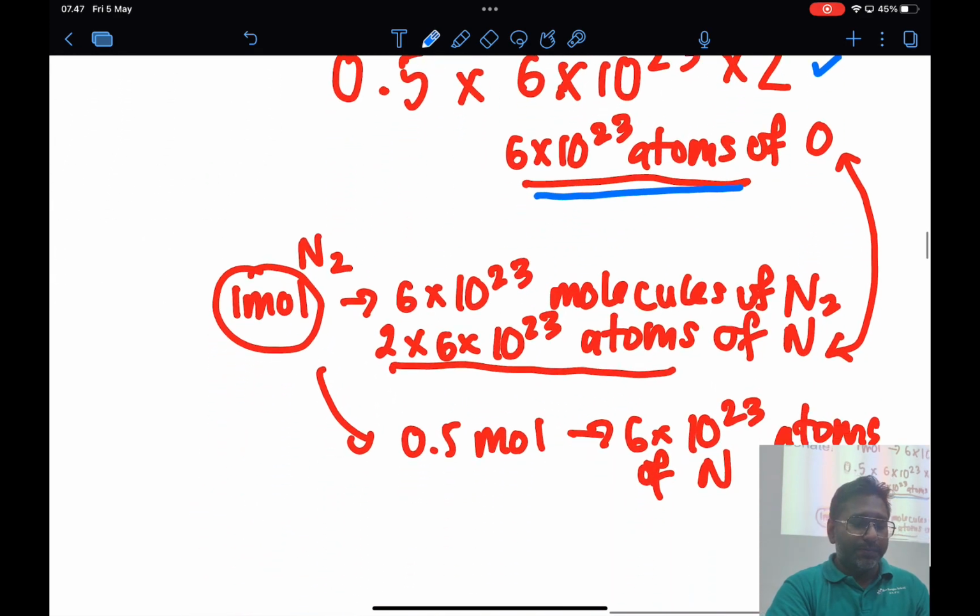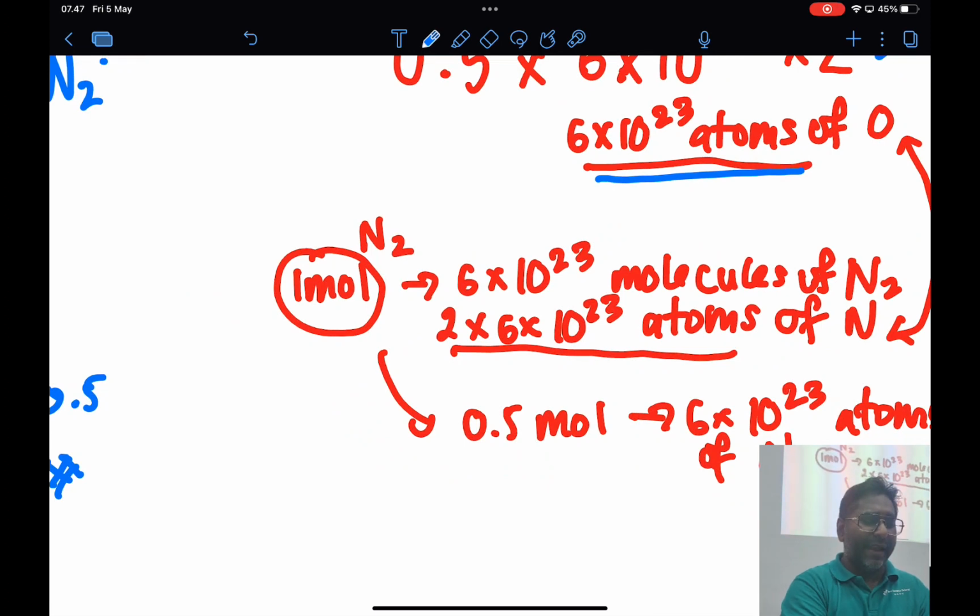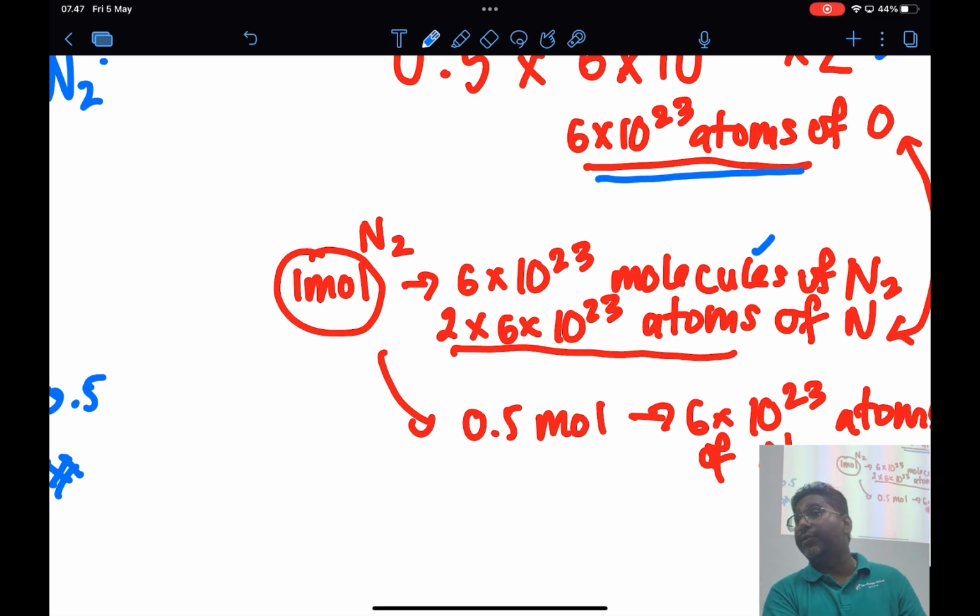So I started off with nitrogen and used the same formula. 1 mole contains this amount of molecules of N2. Then I try to convert to atoms. Still 1 mole, 2 times 6 times 10 to the power of 23. Why times 2? Because it is N2.